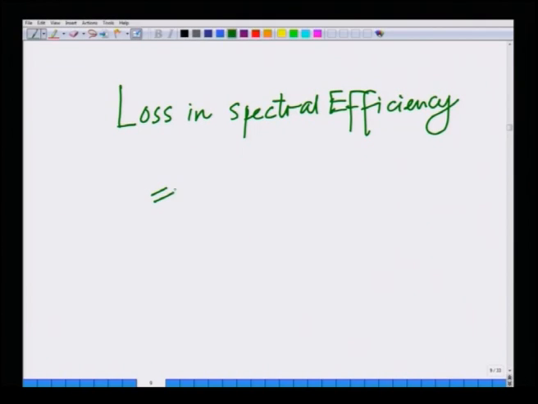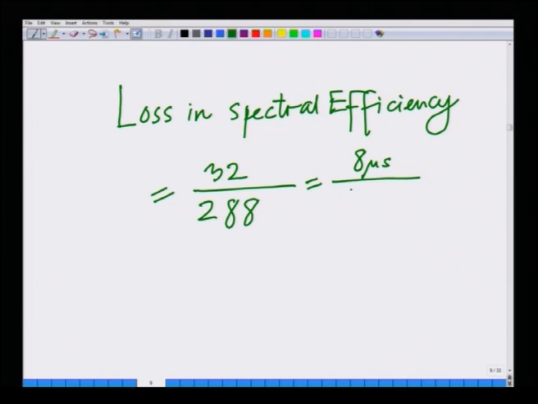Remember, the cyclic prefix itself conveys no information, hence all added cyclic symbols constitute a loss in spectral efficiency. That is nothing but number of symbols in CP divided by total number of symbols, that is 32 by 288, which is also the same as the CP duration, 8 microseconds, divided by the total OFDM symbol duration, 72 microseconds, which is essentially 11.1%.